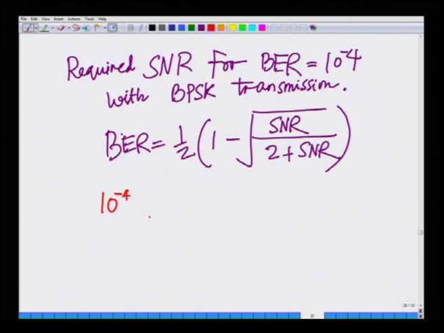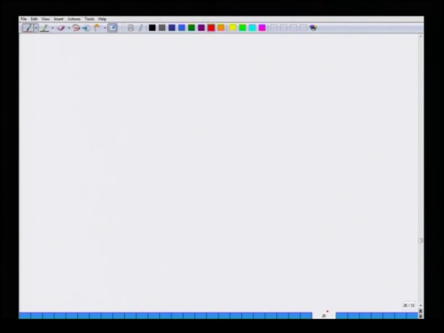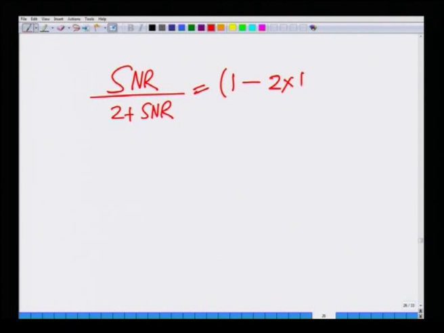Now, we require a bit error rate of 10 power minus 4, which means we can write 10 power minus 4 equals half into 1 minus square root of SNR by 2 plus SNR. Rearranging the terms, we can write SNR by 2 plus SNR equals 1 minus 2 into 10 power minus 4, whole square.